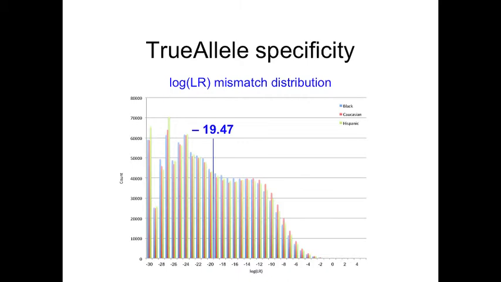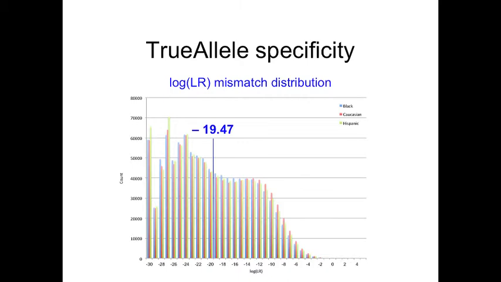Here, 0 is now all the way on the right. And what we found were negative numbers. So what's negative? Negative 6 means 1 over 1 million. Negative 12 means 1 over 1 trillion.